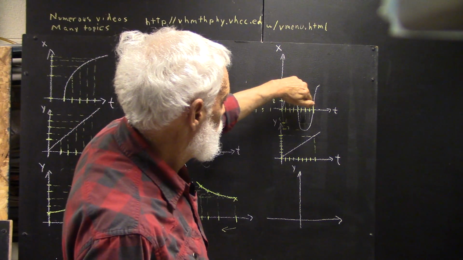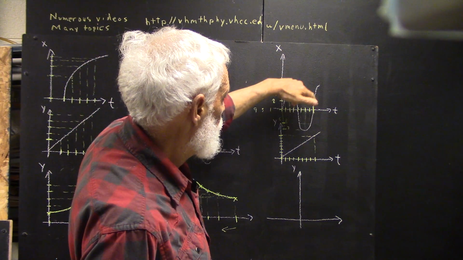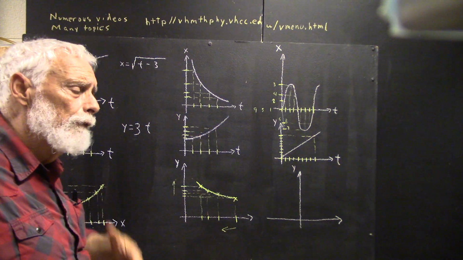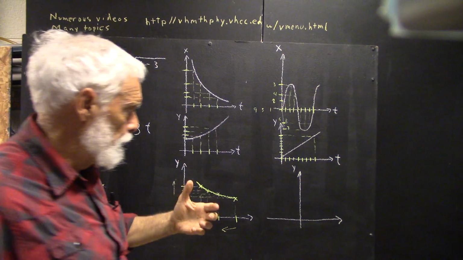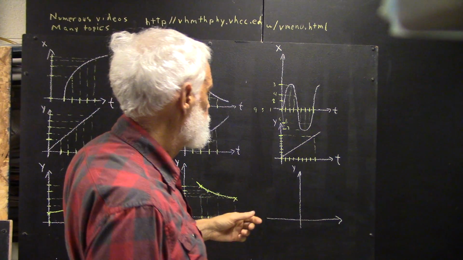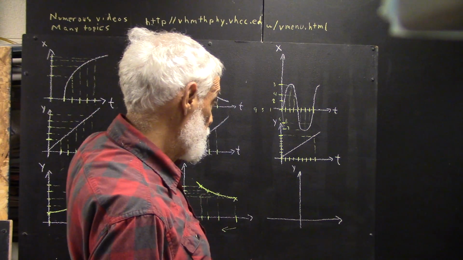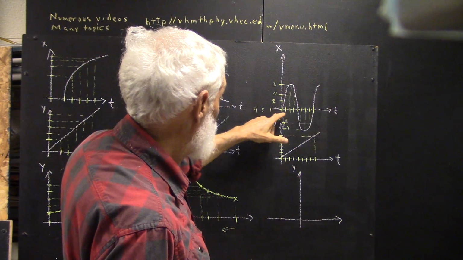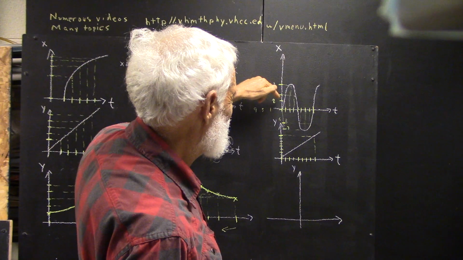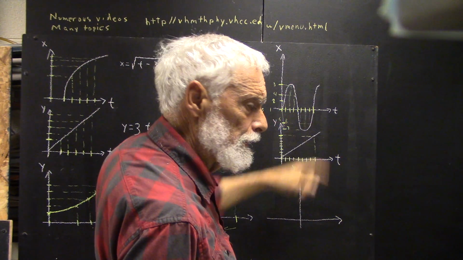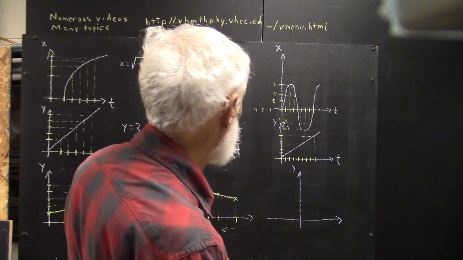Well, I broke this interval from here to here into 8 equal parts, because I'm going to need a fair number of points to get a picture of this graph. And then I numbered the points, because it's going to get very confusing which point goes with which point, or which value on the x-axis goes with which of my t values. So I numbered them in order.